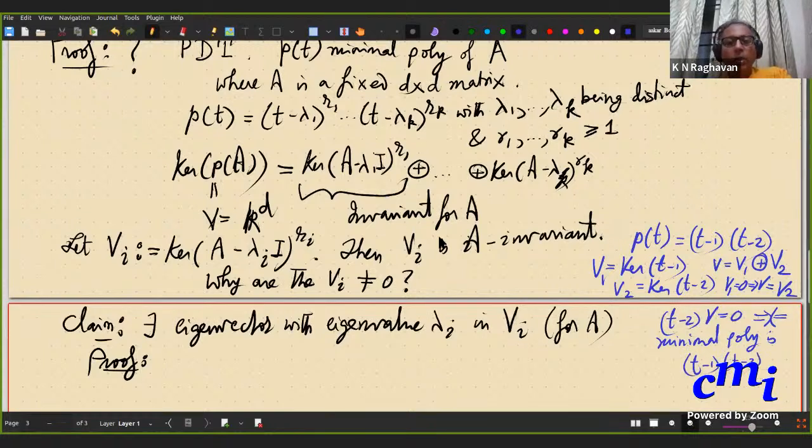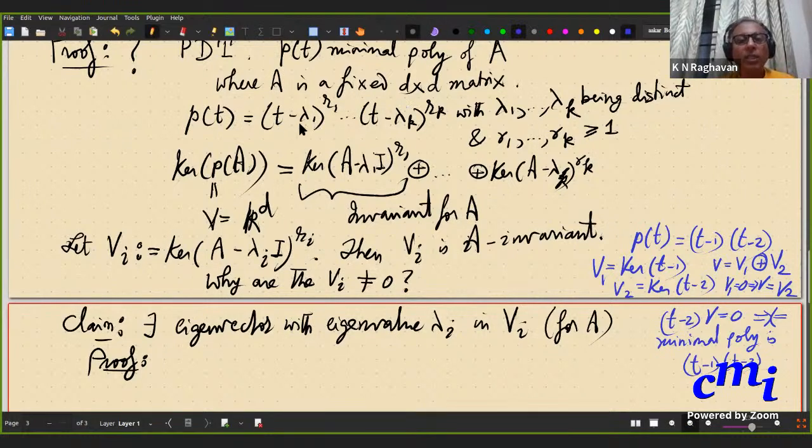So none of these can be 0, because if, for example, this kernel of (A minus lambda 1 I) to the R1 is 0, then if you leave this factor out, the rest of it would be satisfied by A. But that cannot be, because the minimal polynomial must divide that thing.